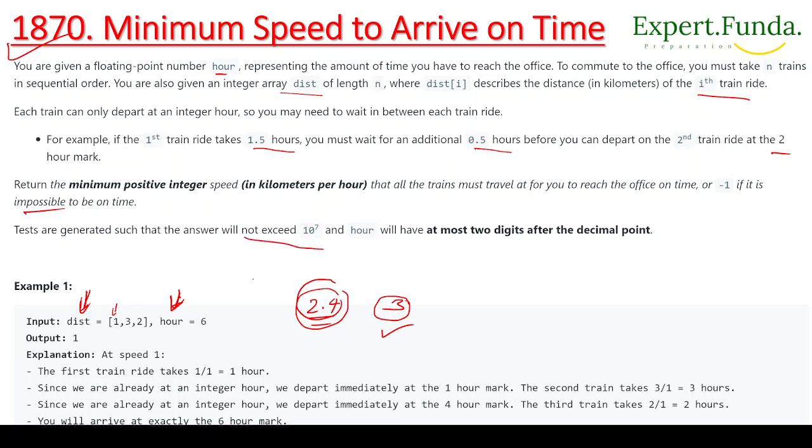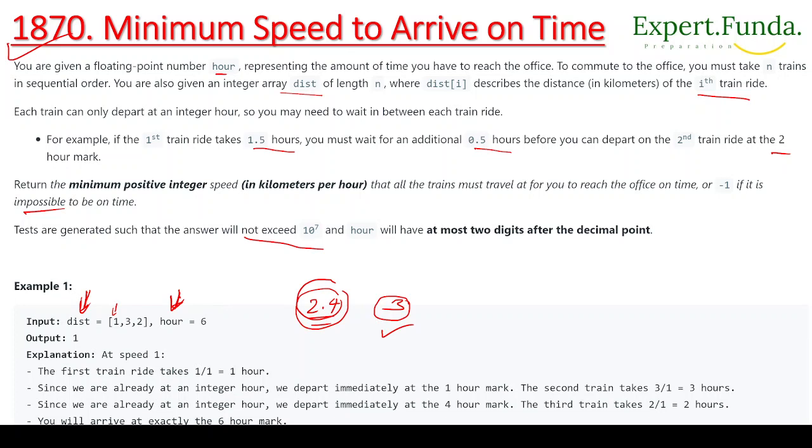So the first naive approach we can apply is an exhaustive search over all possible positive speeds. We can iterate from 1 to 10 to the power 7, and the first number that lets us complete the journey within the hour will be the answer.